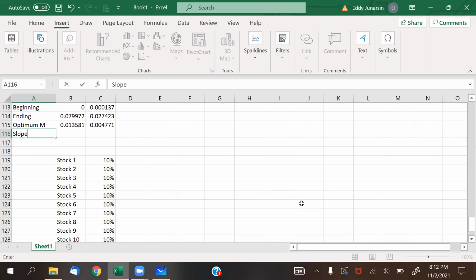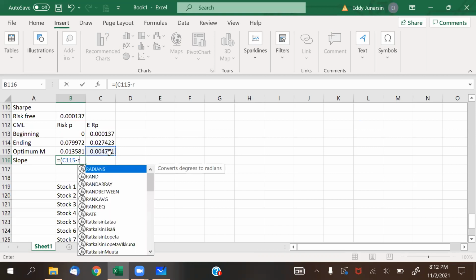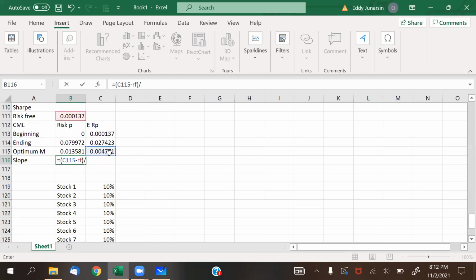What is the slope? Slope would be dy dx. So this would be the expected return on the market minus RF, divided by the risk of the optimal market portfolio.